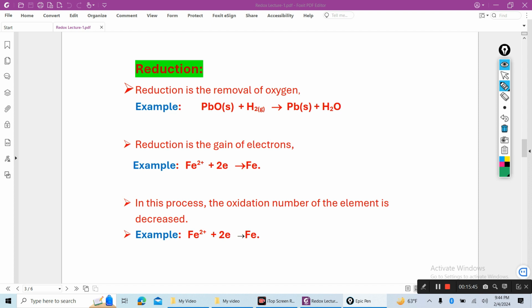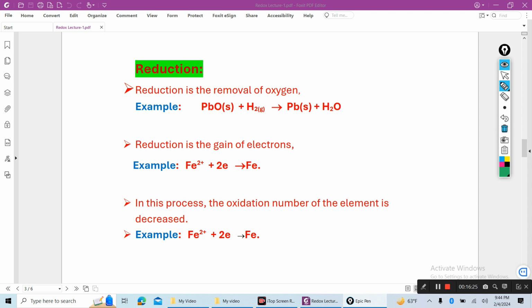Here iron 2 plus oxidation number is plus 2. Here the element is 0. So plus 2 is a larger value, 0 is a smaller value, plus 2 to 0, so the oxidation number decreases. So this reaction is a reduction reaction.